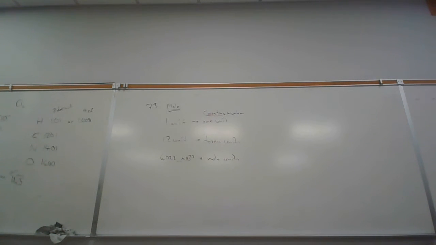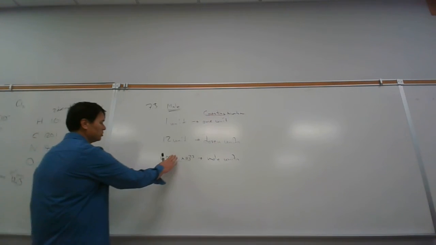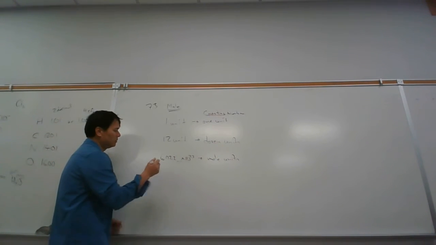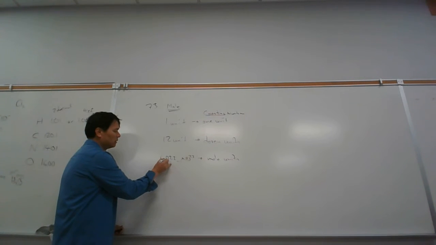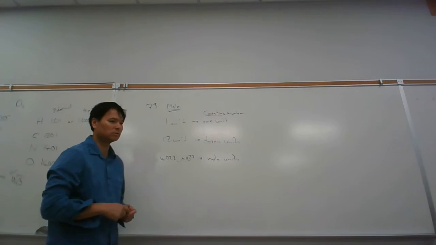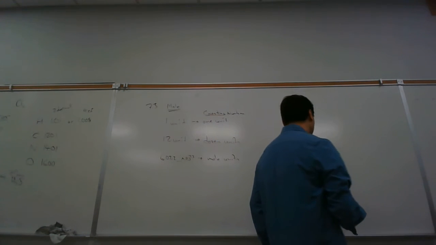Because this is only to 4 sig figs. Your book only does it to 3 sig figs. Your book goes 6.02. But we like to do things to 4 sig figs. And so that's why I did 6.022. If you need more than 4, you can look it up.